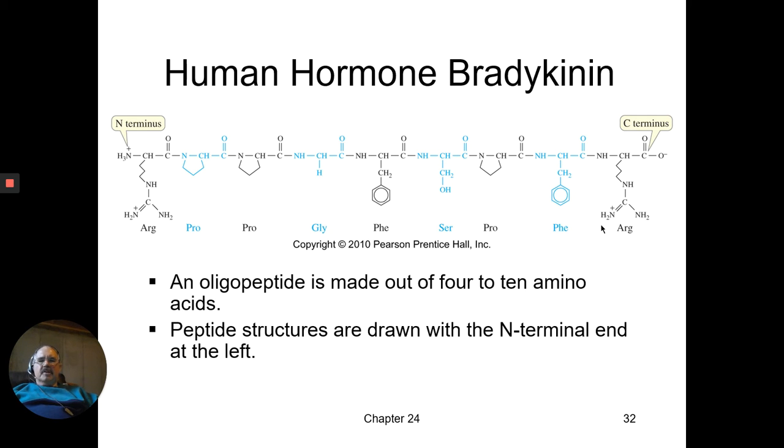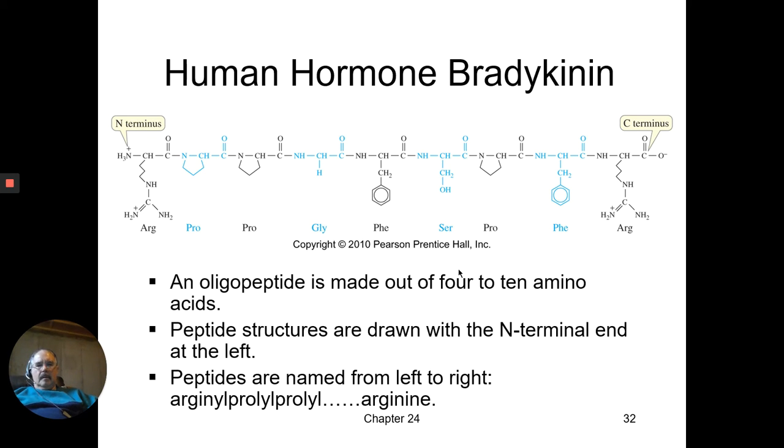It is conventional to draw the peptide structure with the N terminus over here on the left, and the C terminus on the right. So the sequence of amino acids is in this order. And if we were to reverse this sequence, we would actually have a different peptide. So peptides are named from left to right.